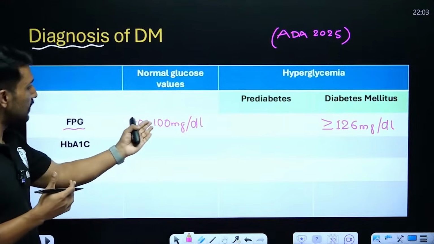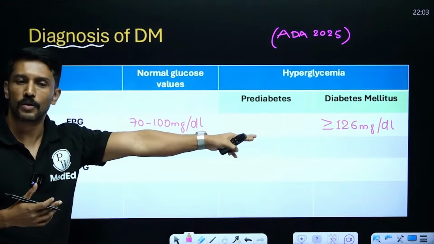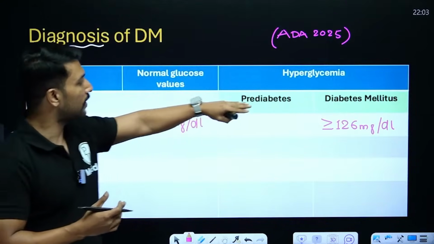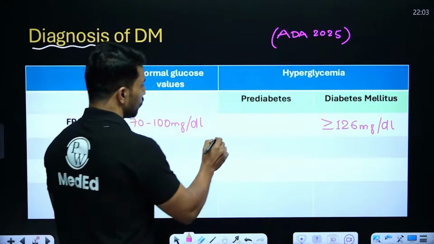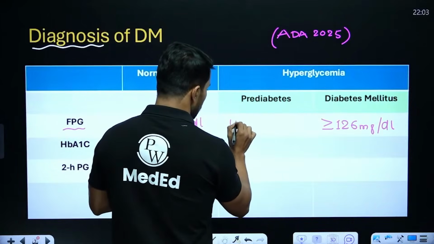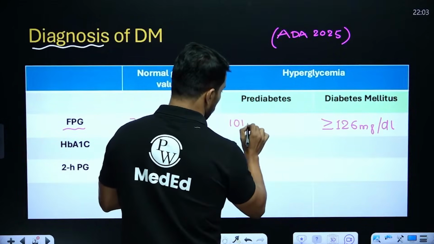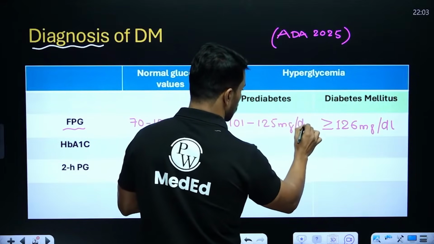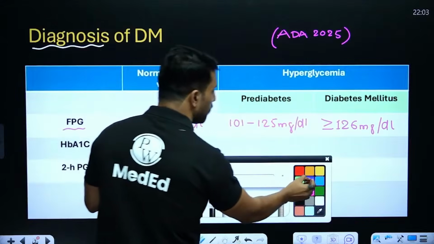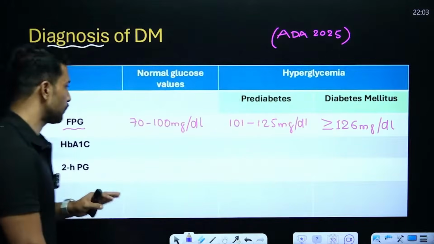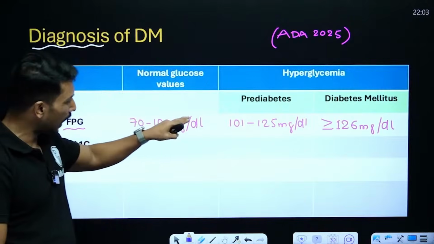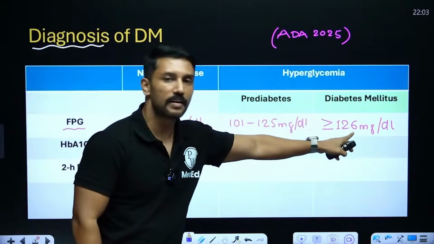Now, what about these readings between 100 to 126, like 101, 105, 110? These will be counted as pre-diabetes. So, if it is in the range of 101 to 125 milligrams per deciliter, we will call it pre-diabetes, and we will give a specific name for this. It means this patient's fasting plasma glucose level is above normal but below the criteria for diabetes.